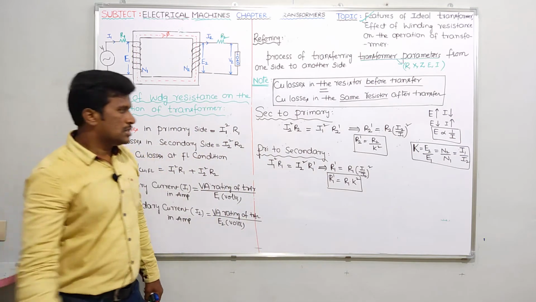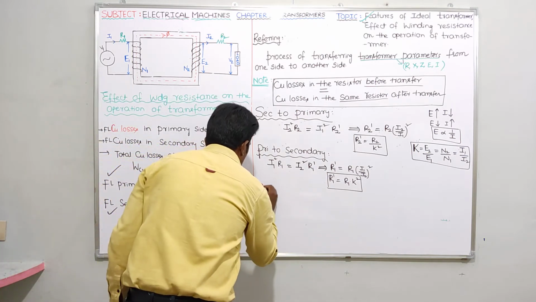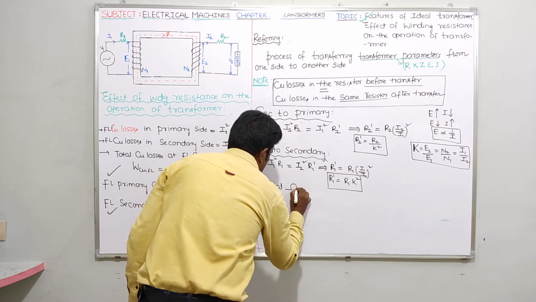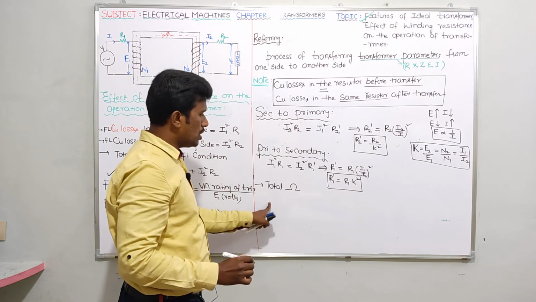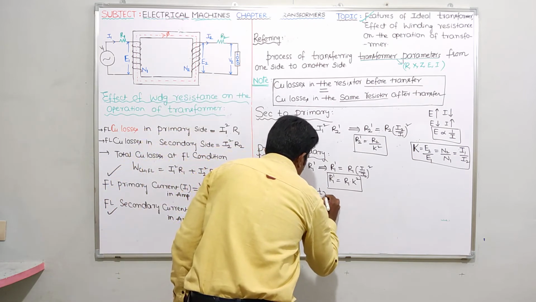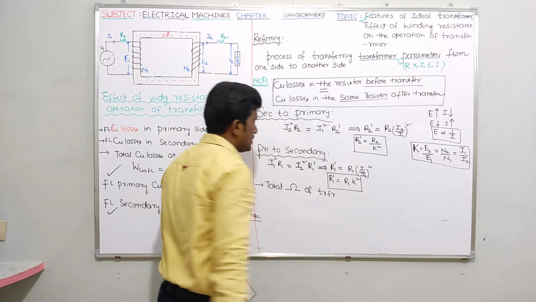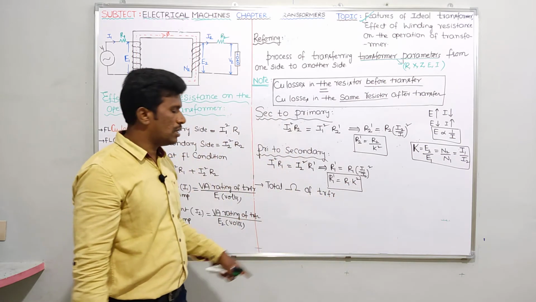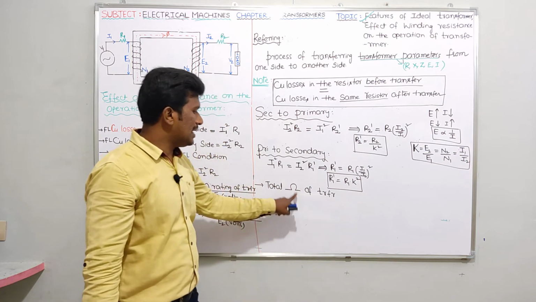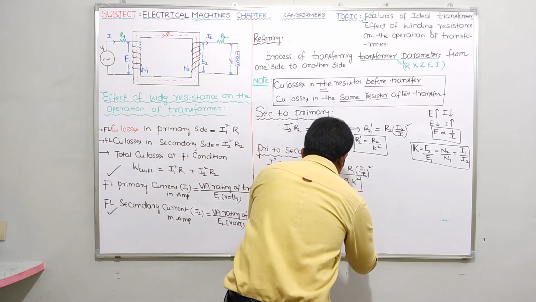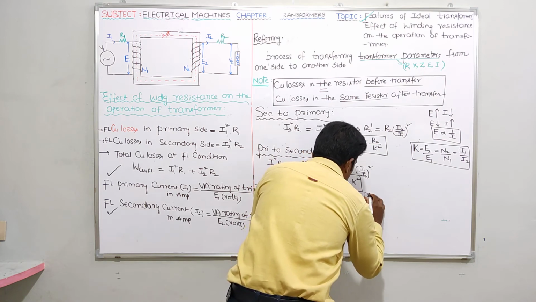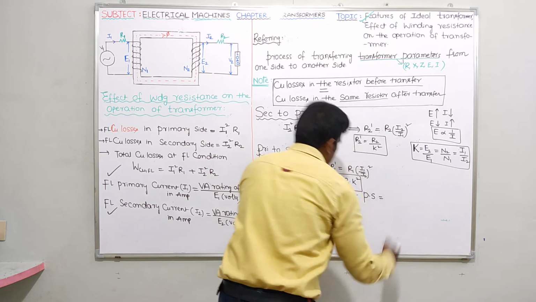Is it clear? Suppose I ask one question like this: total resistance of transformer. I am writing transformer as TRFR in a simple way, so don't confuse. Total resistance of transformer with respect to primary side is equal to what?